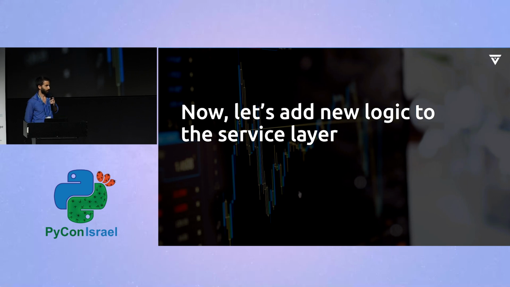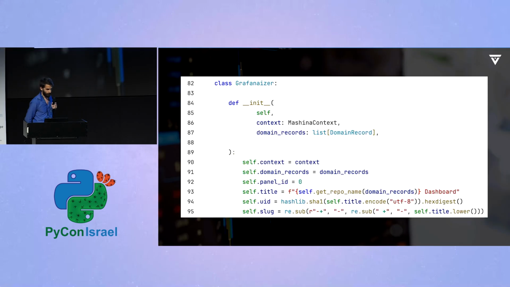Now that we've seen the interface and the architecture, we can dive into the logic of the service itself. Nothing too fancy. Here we can see the logic of the code itself, the service layer.